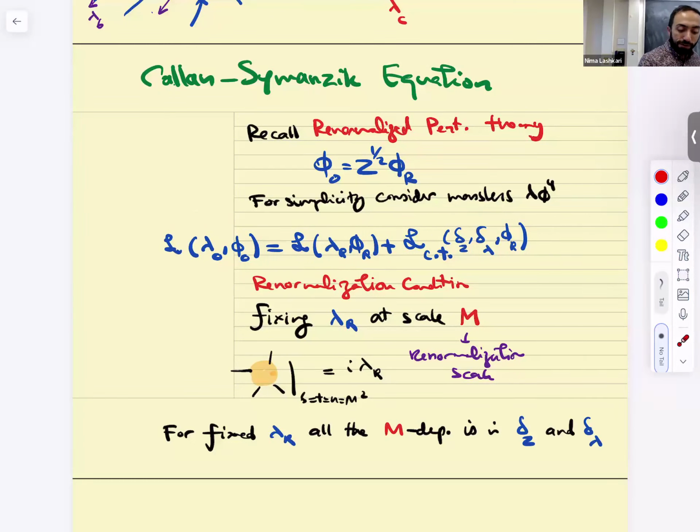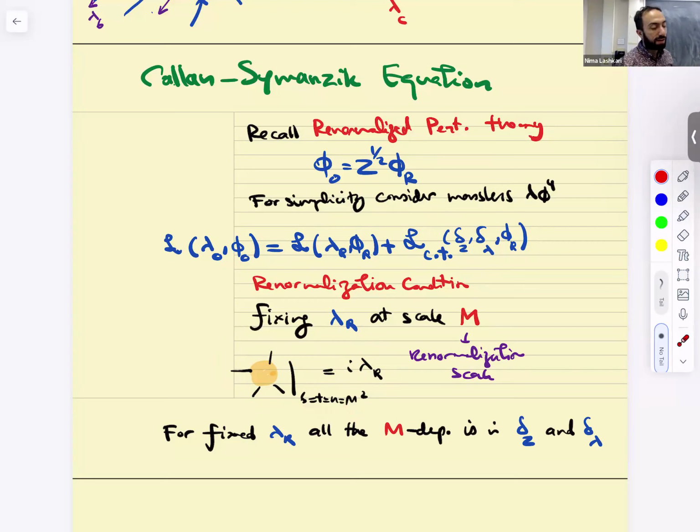That is, if you stare at this action and treat these as interactions for the variables phi_r, you will end up calculating this diagram, for example, to a certain number of loops, the 4-point function at some energy scale, and you're going to say this is equal to minus i lambda_r at that energy scale, with s, t, u the Mandelstam variables at scale M squared.